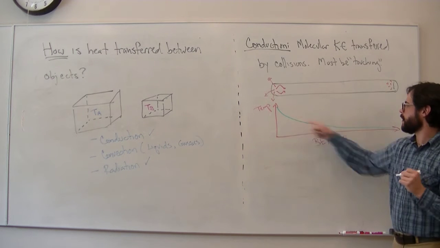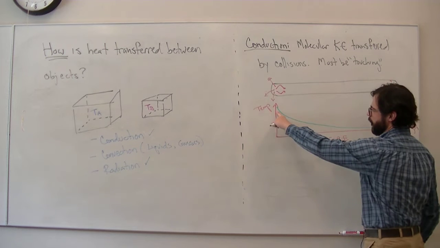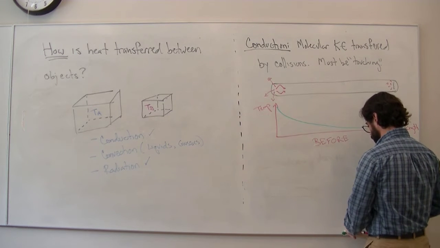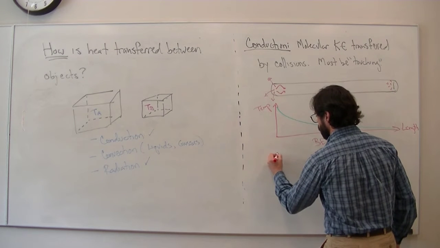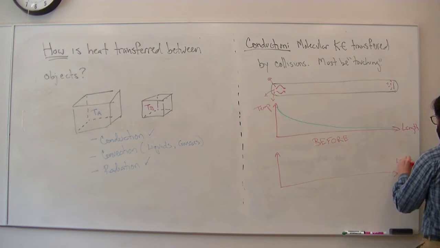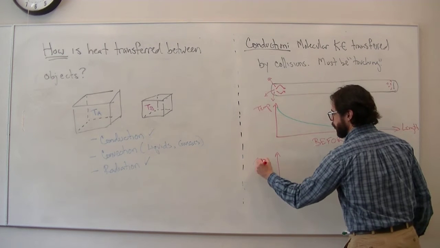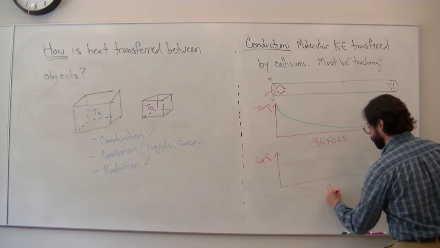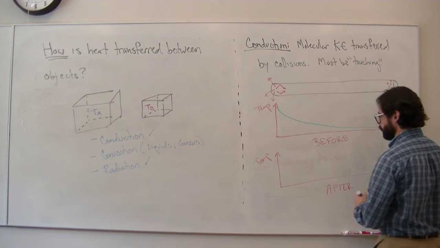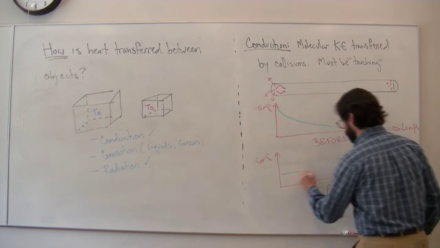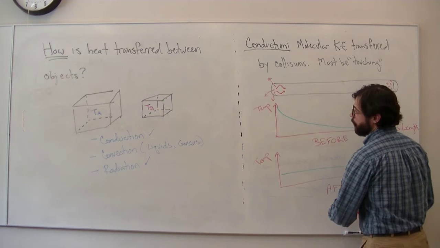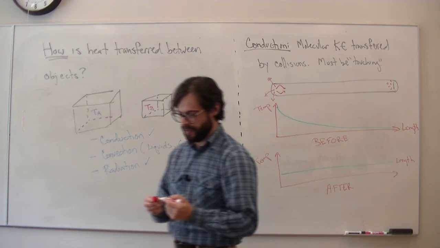Okay, so we heat up that side, and then what's going to happen is the hotter molecules will bounce into the cooler molecules, and afterwards we'll get, along the length of the bar, equilibrium. So what you would call local equilibrium. So everywhere the same.